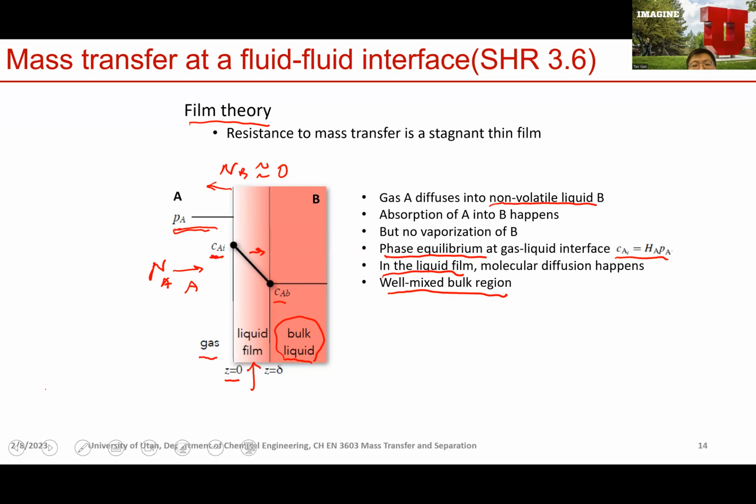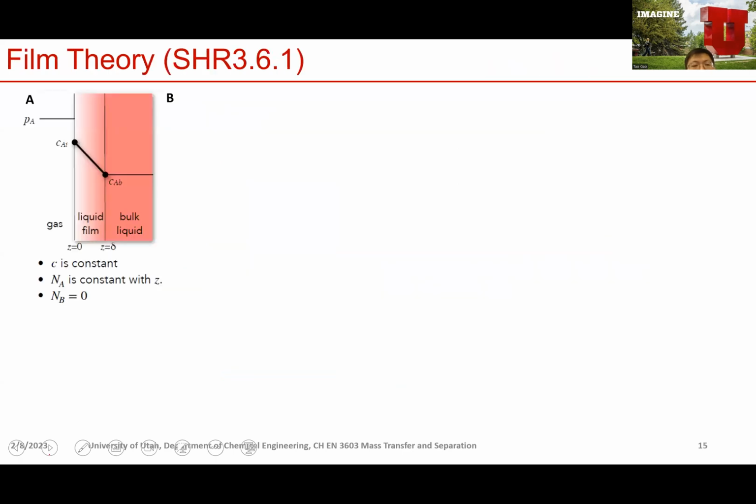Now let's look at how we can solve this problem. Based on those assumptions, we can get NB is 0 and NA is constant with Z. C is constant. So if we neglect bulk flow, that's the simplest case we can do, then the total flux of A is made of only the diffusive flux of A, and that can be computed by Fick's law, right?